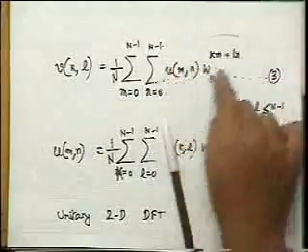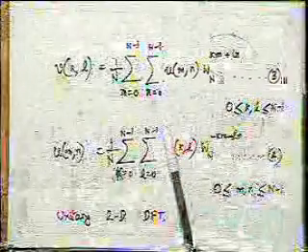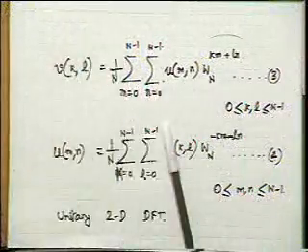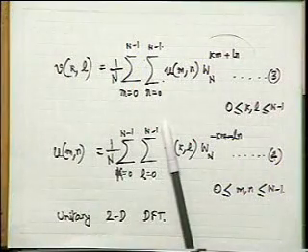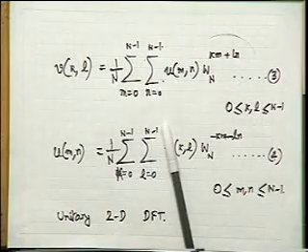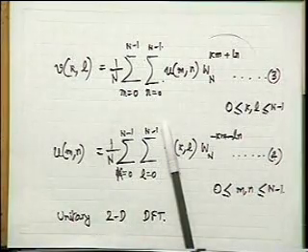But even if the intensity values are real, because Wn is complex, what you get as V of Kl is in the complex domain. So it has both a real component as well as an imaginary component. As a result, you have both magnitude as well as phase information available.